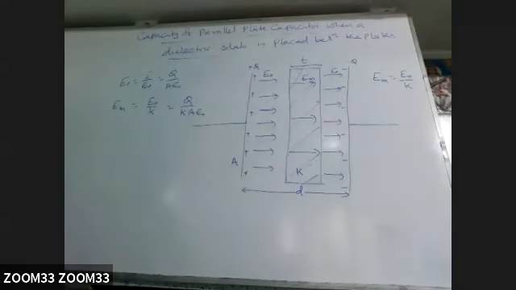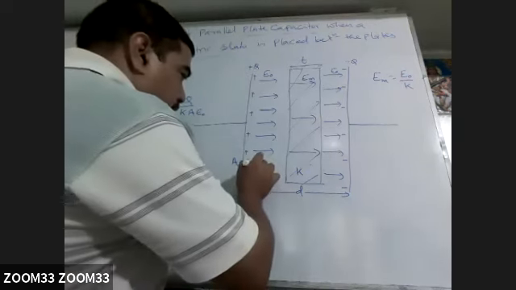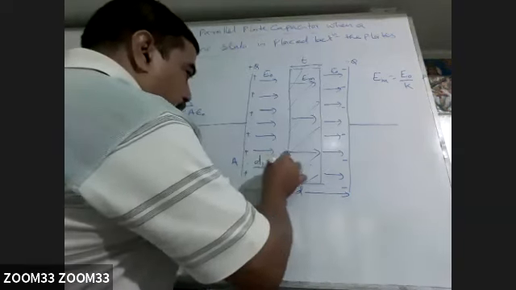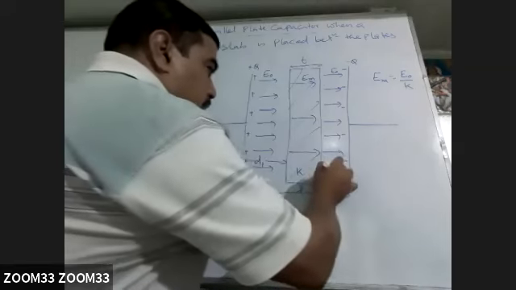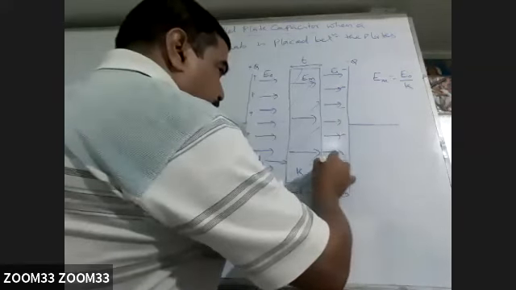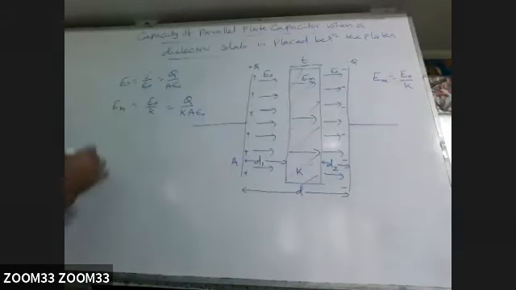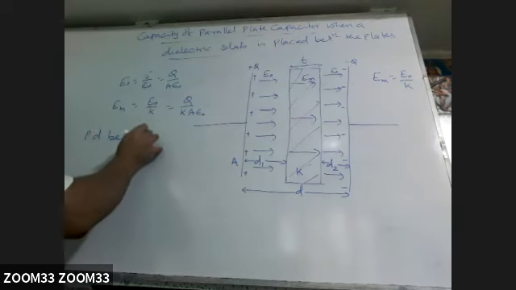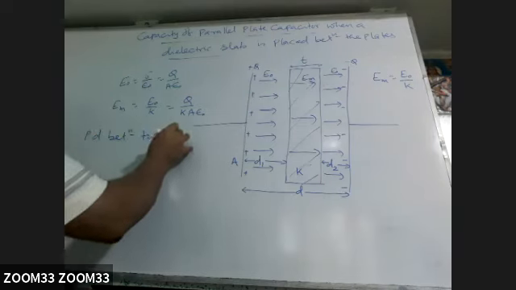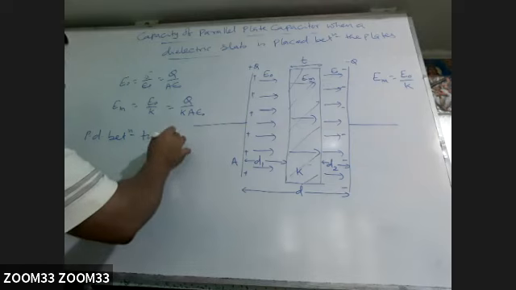So what will be the potential difference? Suppose these distances are D1 and D2, and this is T. What will be the potential difference between the two parallel plates?